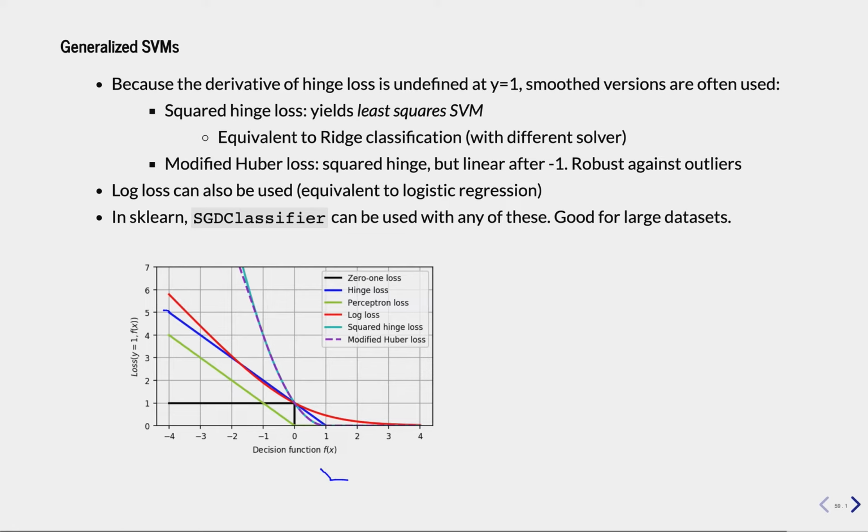Squared hinge is flat until 1, and then it grows in squared fashion. There's also something called the modified Huber loss, which is the same idea as the Huber loss in regression, which is that it is identical to the squared hinge loss up to 0.0, and after that it becomes linear.